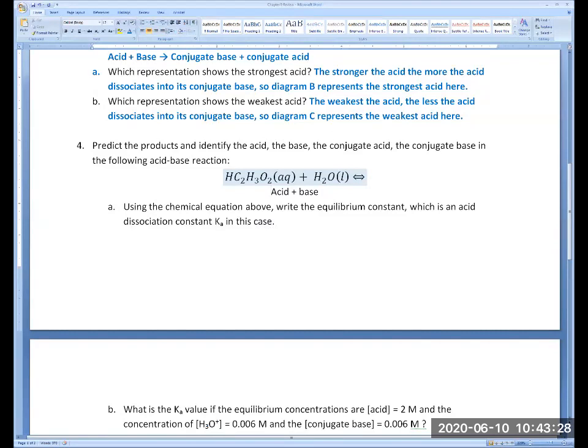So let's find out the formula of HC2H3O2 when it loses a proton and donates the proton. And the proton that goes away is the first H in the formula, and that's why acids are written like that. It's to show which hydrogen goes away. So that means here you will be left with C2H3O2, and it's still aqueous.